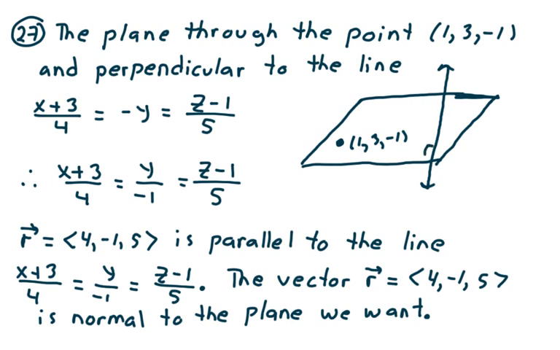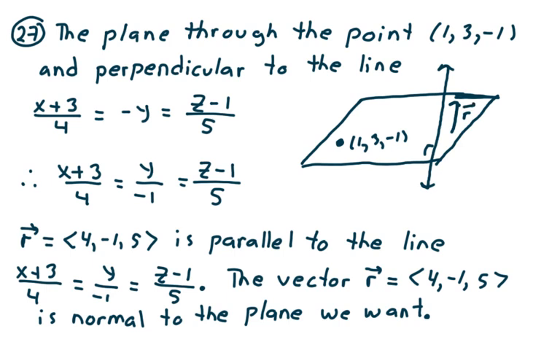Now, I want you to observe something. The vector R, which is equal to (4, negative 1, 5), is parallel to the line (x plus 3) over 4 equals y over negative 1 equals (z minus 1) over 5. So I claim R is parallel to the line.